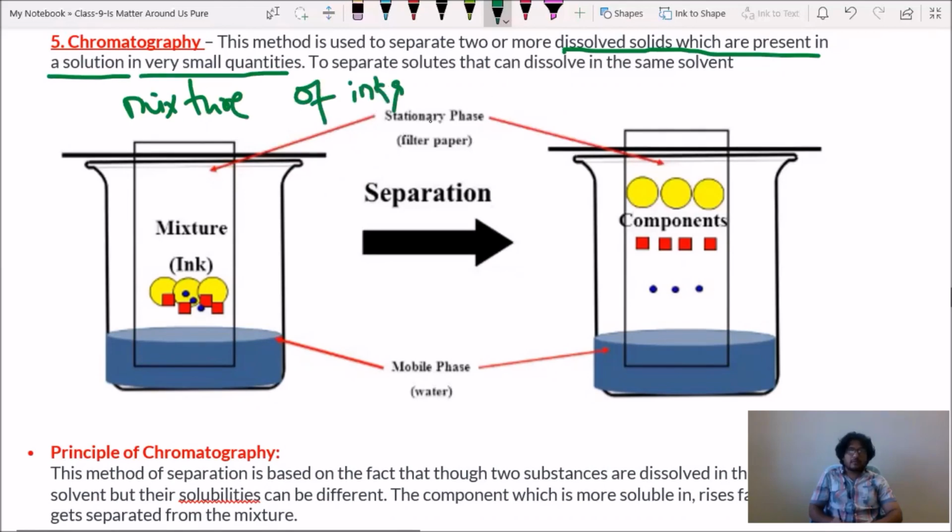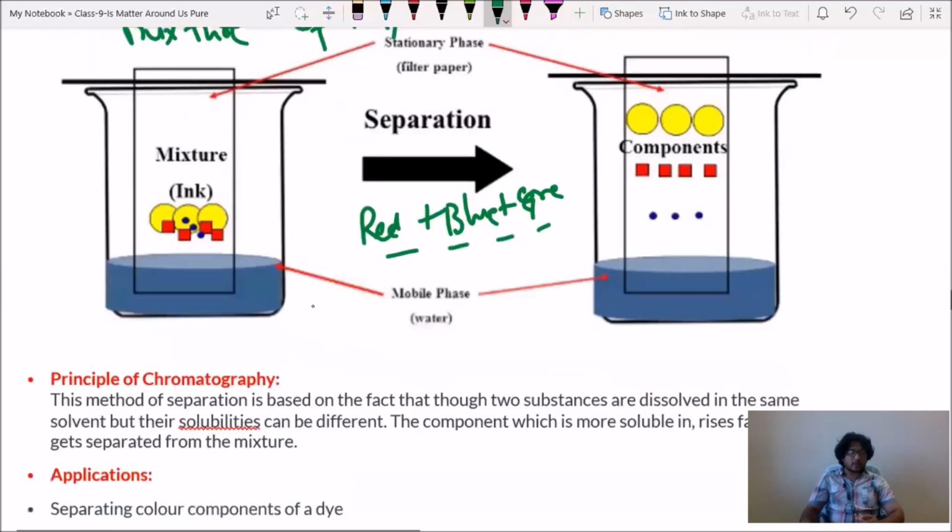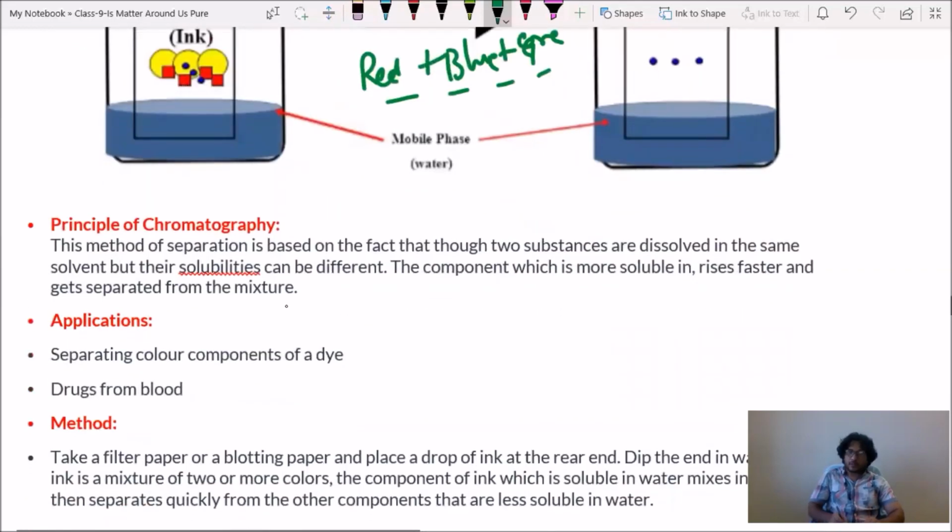So if you have mixed different inks, you can easily separate those inks. If you have mixed red color, blue color, green color, automatically you can separate that red, blue, green, etc. by applying this method, that is chromatography.